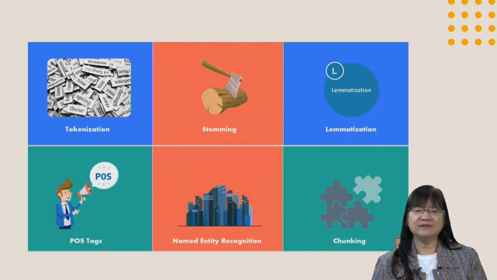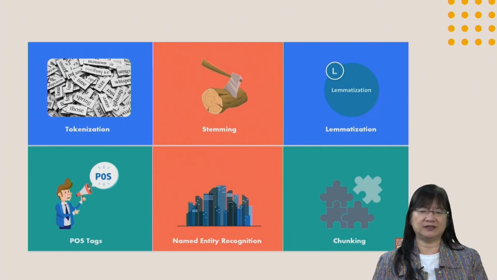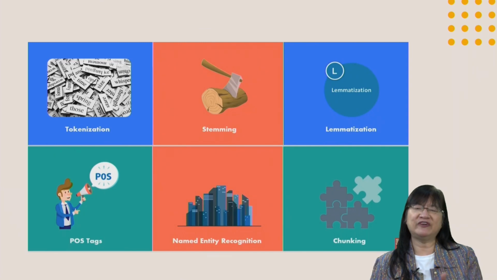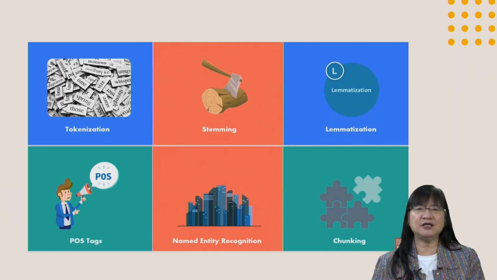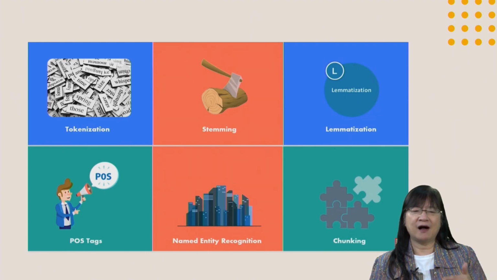And with named entity recognition, you can see that we try to figure out each word with a different meaning. For example, I go to the riverbank, and I deposit my money into the bank. The two banks actually have different meanings if you understand English.